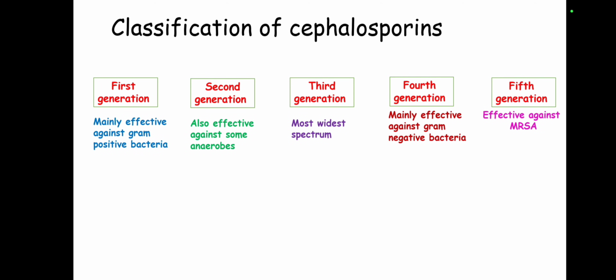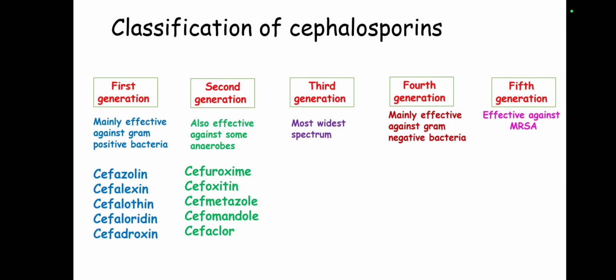So for first generation the examples are cefazolin, cefalexin, cefalothin, cephaloridine, and cefadroxil. Next for second generation the drugs are cefuroxime, cefoxitin, cefmetazole, cefamandole, and cefaclor.